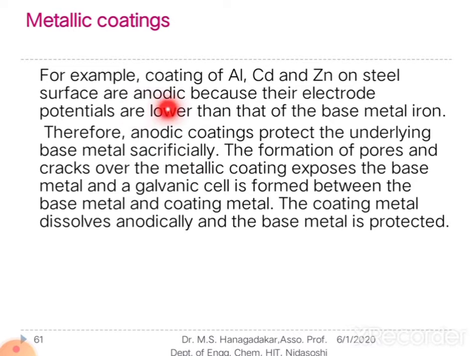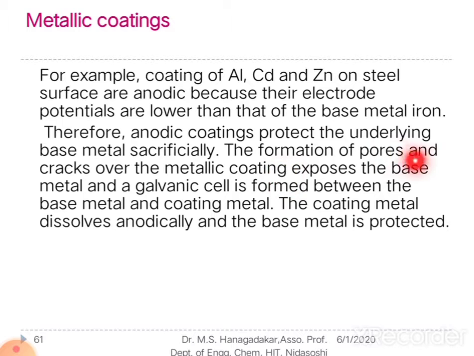The surface is anodic because their electrode potentials are lower than the base metal iron. Therefore, anodic coatings protect the underlying base metal sacrificially.